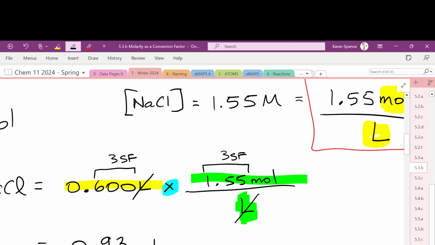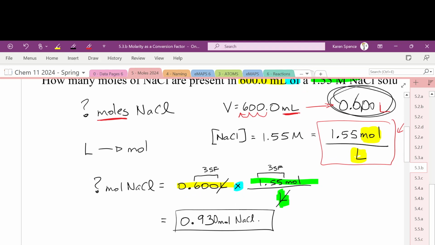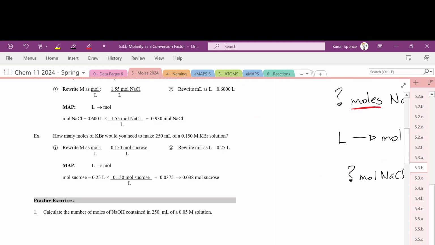So I need to have 0.930 moles, and I should probably write NaCl just to be complete about it. How was that? Nice? Okay. And that's all there is for you.